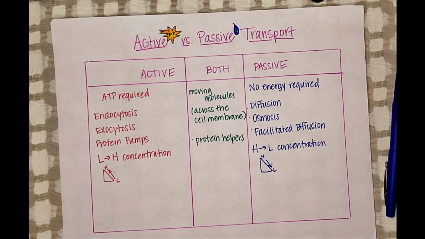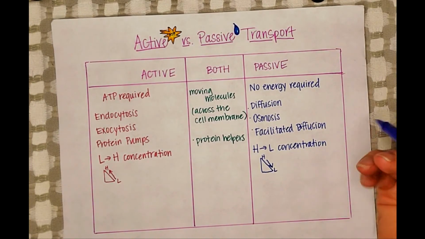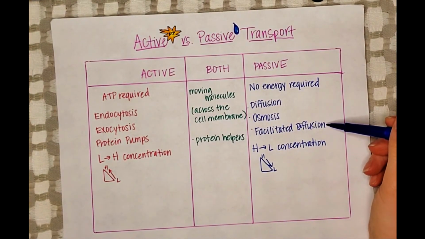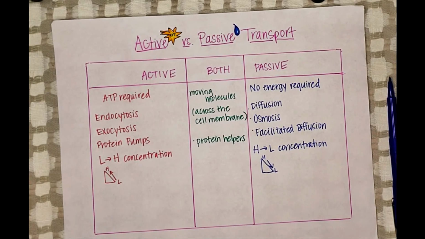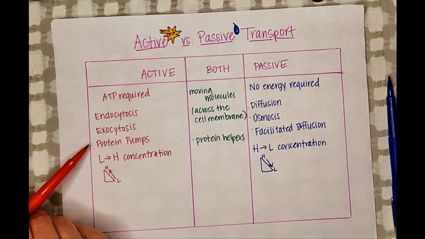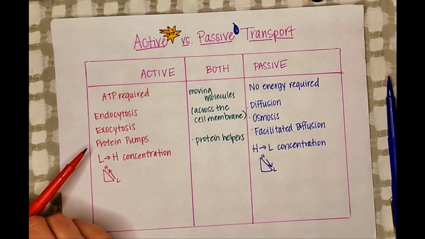One of the components of the cell membrane are proteins, and their job is to help molecules get from one side to the other. In passive, we have facilitated diffusion where we have channel proteins or carrier proteins that are going to help move these molecules without energy. In active transport, we have protein pumps that are going to do the same process, but usually in exchange of molecules. And that's going to happen with ATP energy.